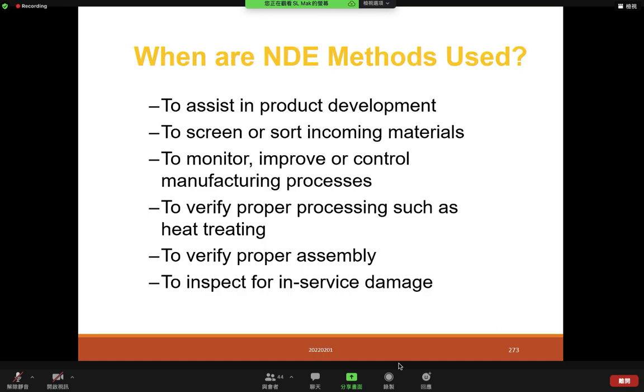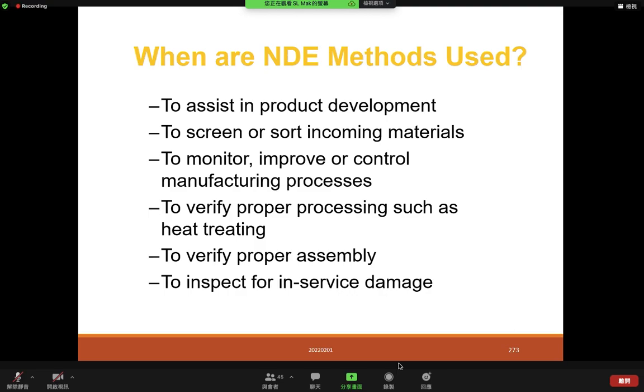What are the NDT methods used? For example, it can be used at different stages. For example, to assist in product development, to screen or sort incoming materials, which means incoming quality control. To monitor, improve, and control manufacturing processes. For example, in the electronic manufacturing process, we may use X-ray to check the BGA package soldering quality.